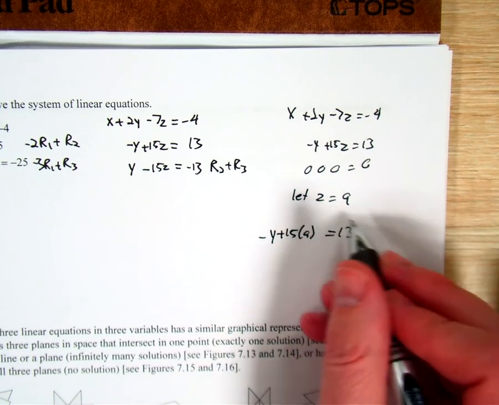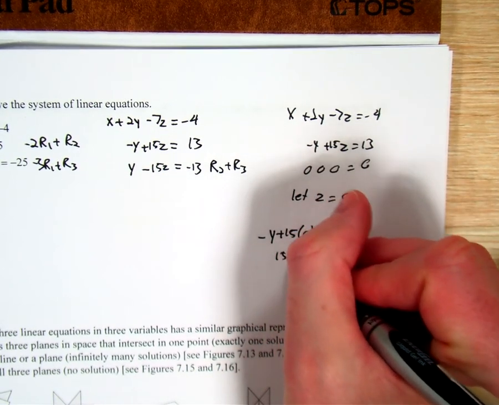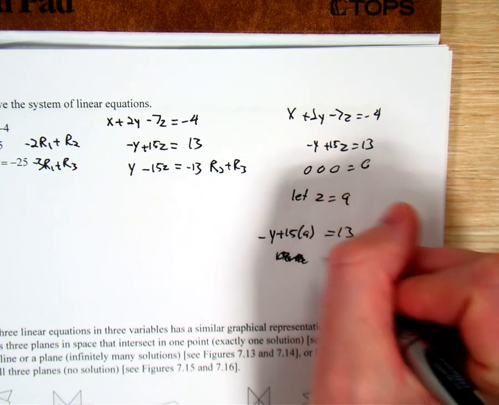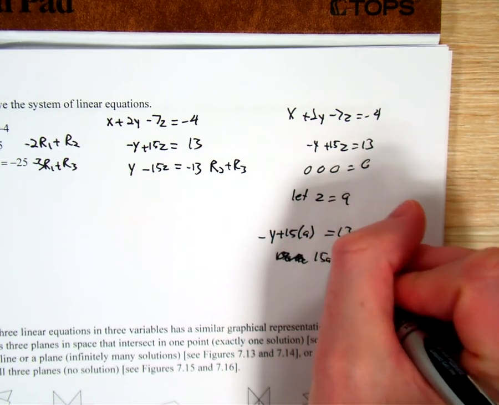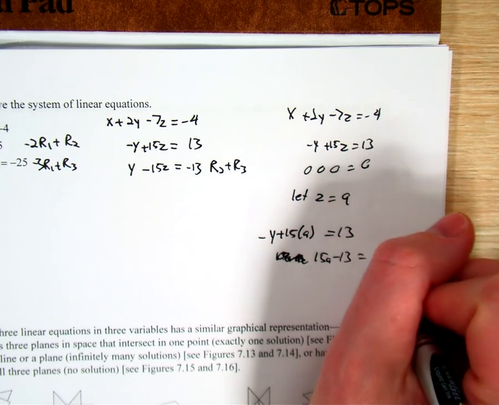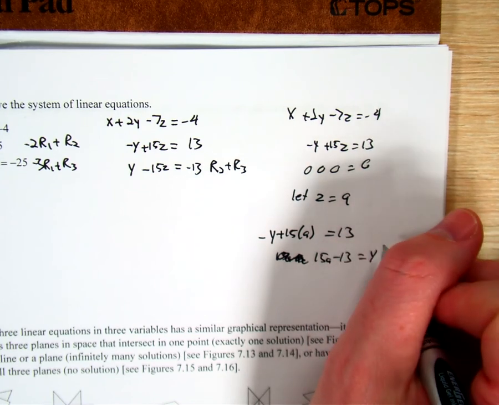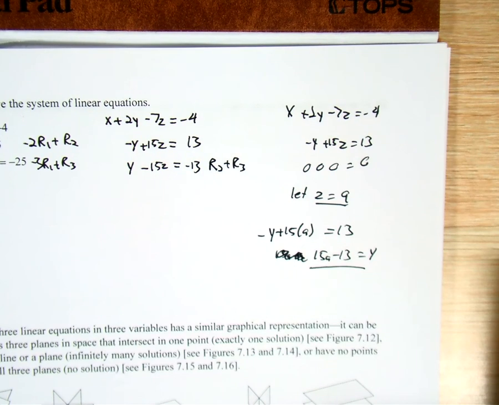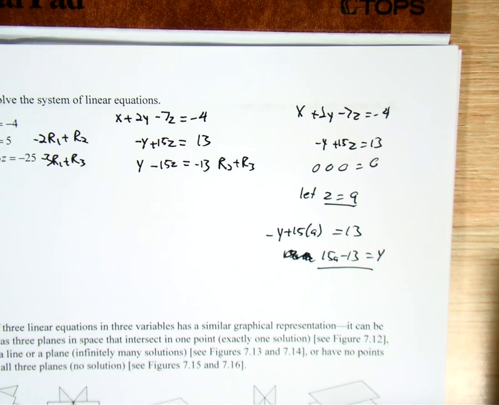If you add the y over and subtract the 13 over, I messed it up. 15a minus 13 would equal y. So there's y, there's z.